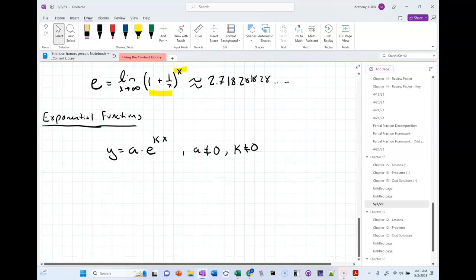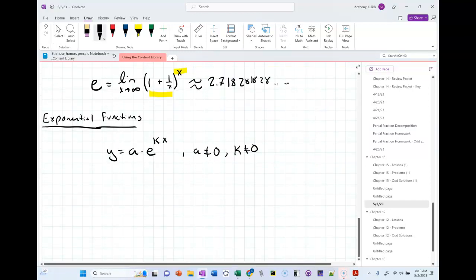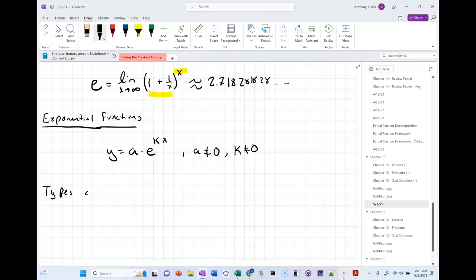So now that we have the two different ways that we can write exponential functions, we tend to classify our exponential functions as either growth or decay. And you have two types of exponential growth.